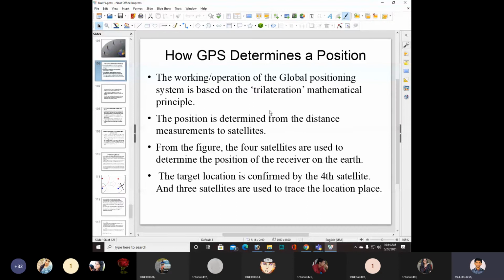The target location is confirmed by the fourth satellite, and three satellites are used to trace the location.